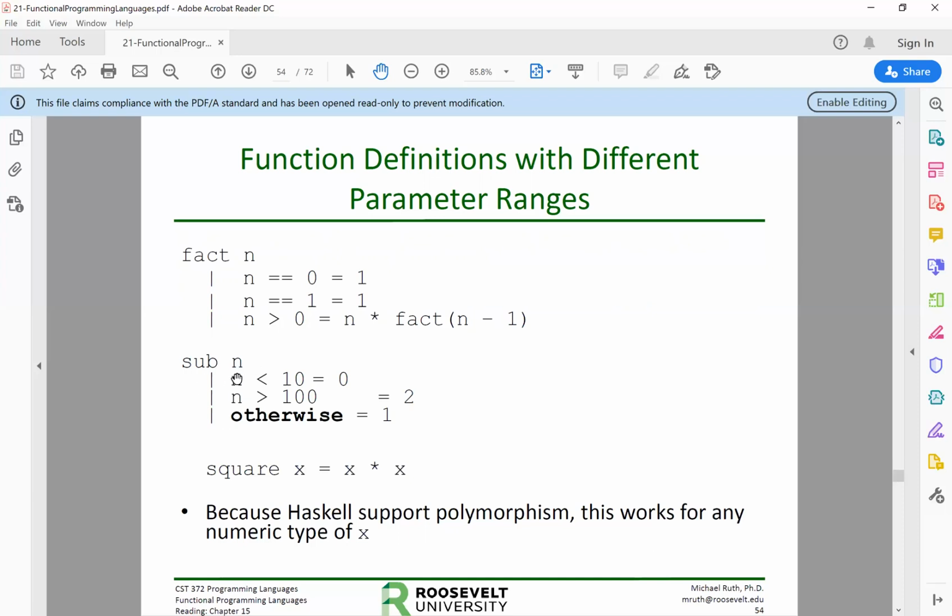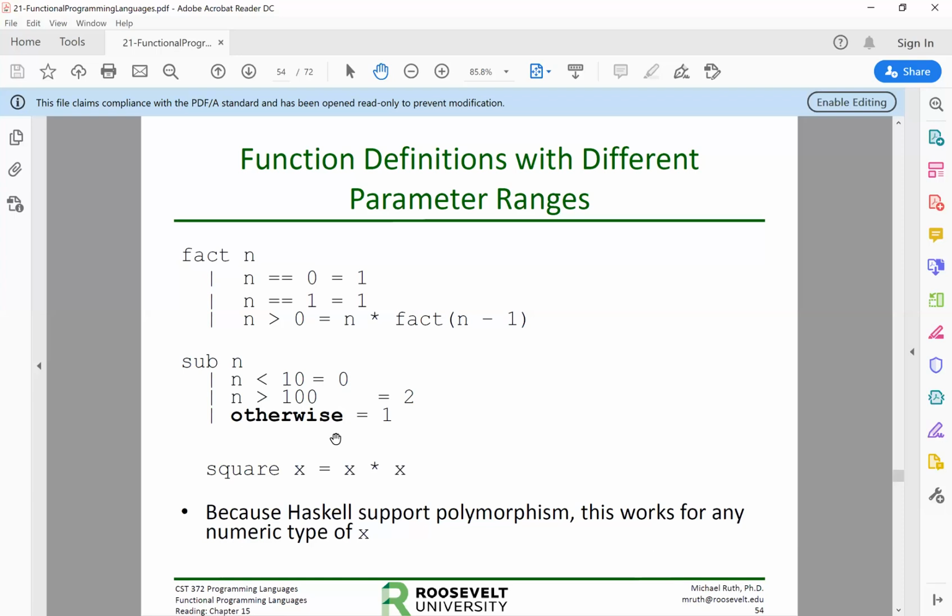Parentheses sub n, if n is less than 10, it's 0. If n is greater than 100, it's 2. Otherwise, it's 1. This is not a math function. This is just some weird function, but you can have an else here. And then, of course, you can define square.